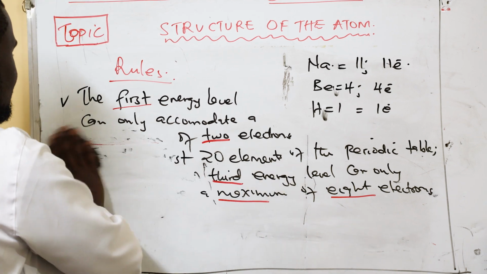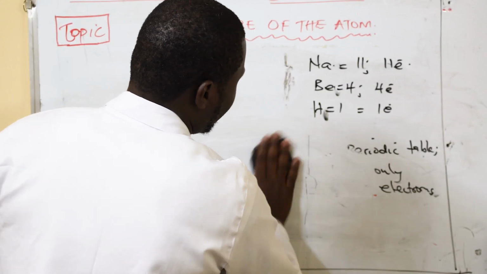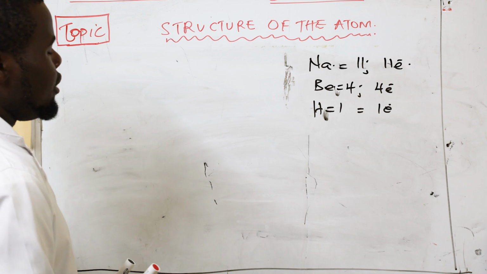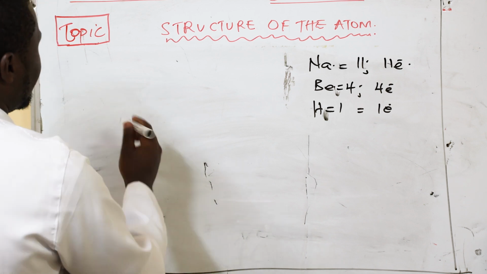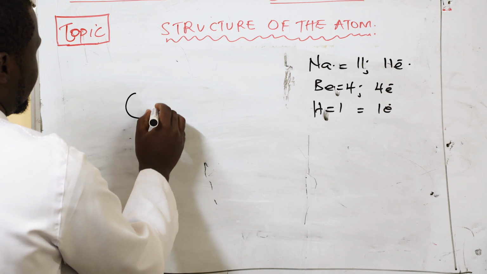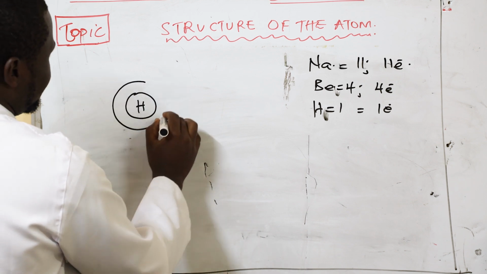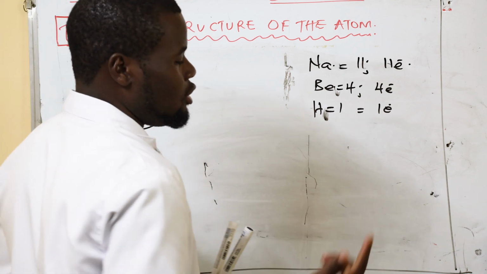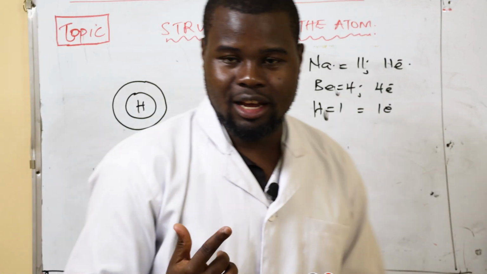Now, can we distribute them? Yes. Let's try. I will start with hydrogen. I'll indicate hydrogen. And because the number of electrons is just 1, it means we only have 1 energy level.